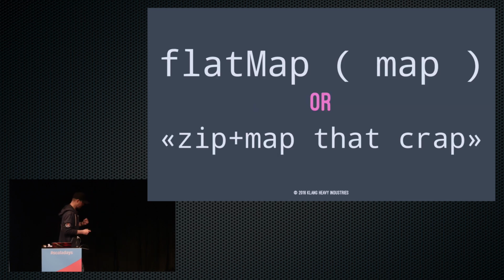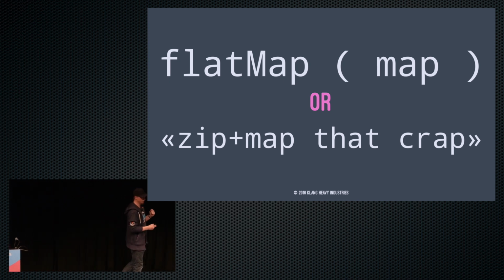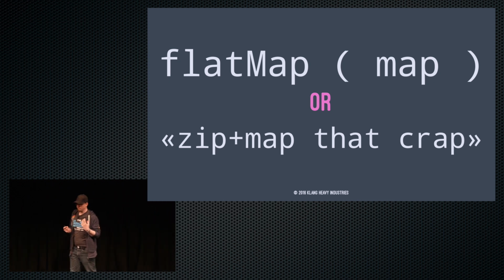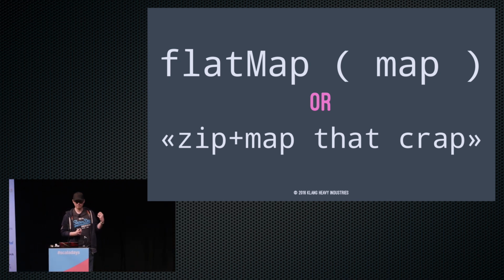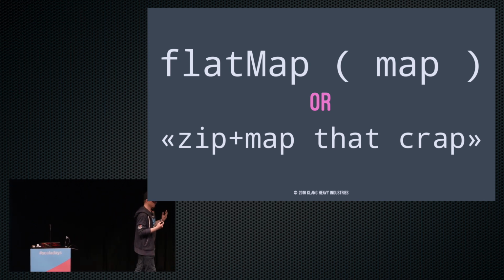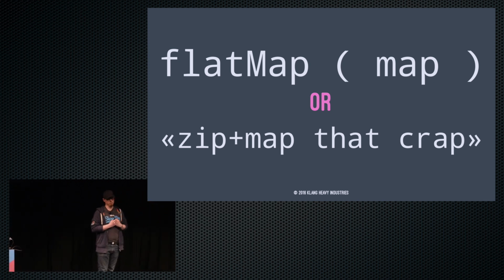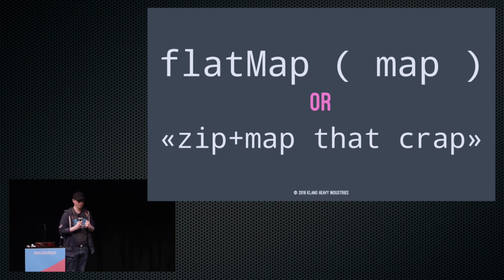All right. So one thing, when you want to combine two futures and take the results of both and do a transformation, you either need to do this sort of flatMap dance, or what I call the zip-map-that-crap. You zip them first and then you map over them and then you create your result. Why is this necessary, really? I mean, it should be some sort of core thing to want to be able to combine two things and transform their results, right?